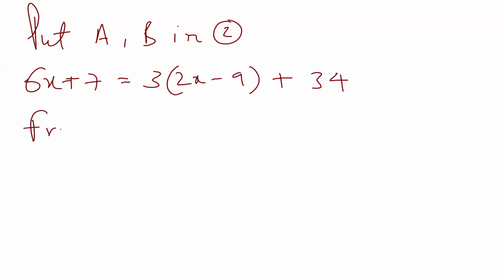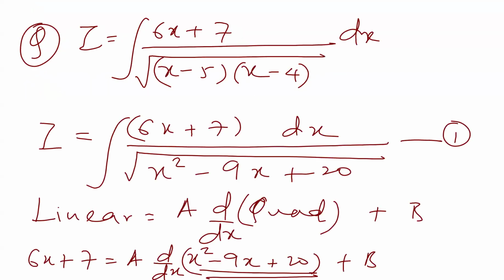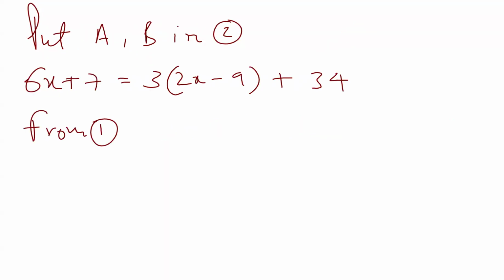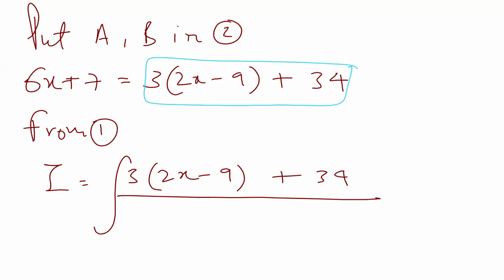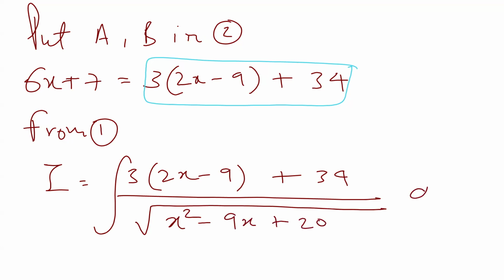Take a look at equation number 1, which I'll show you right now. We got the value of 6x plus 7. So the value of 6x plus 7 is 3 into (2x minus 9) plus 34, upon root of x square minus 9x plus 20 dx.